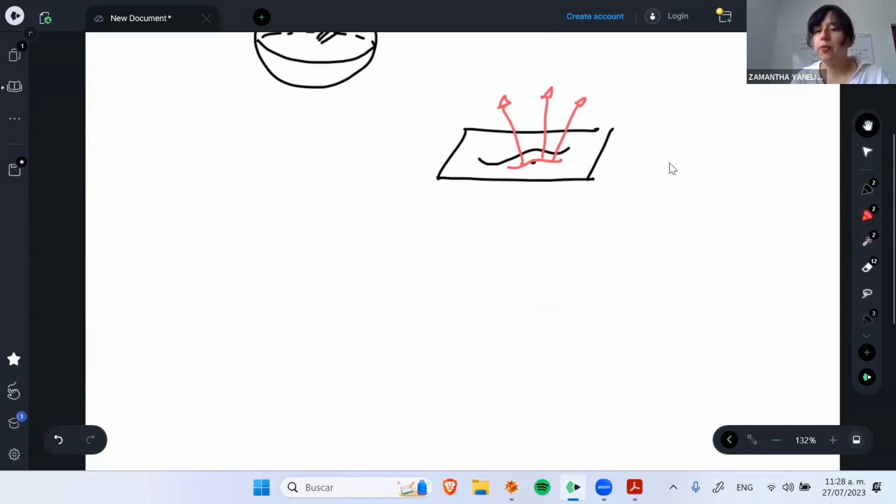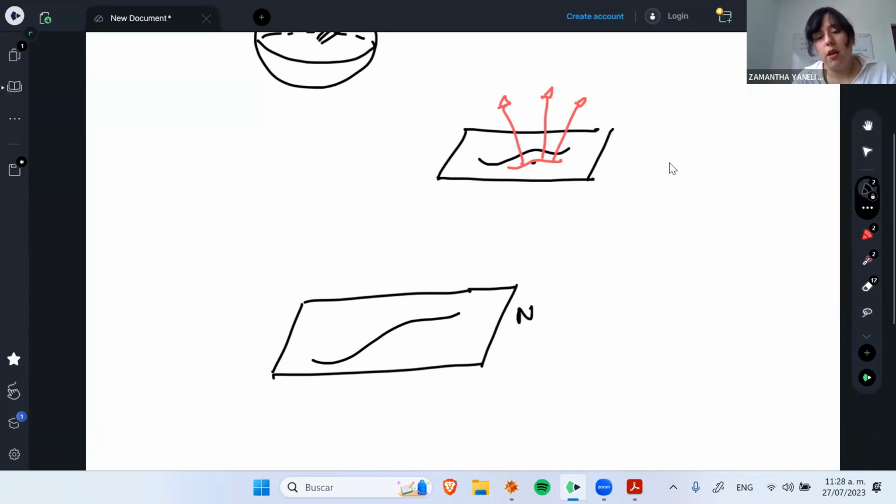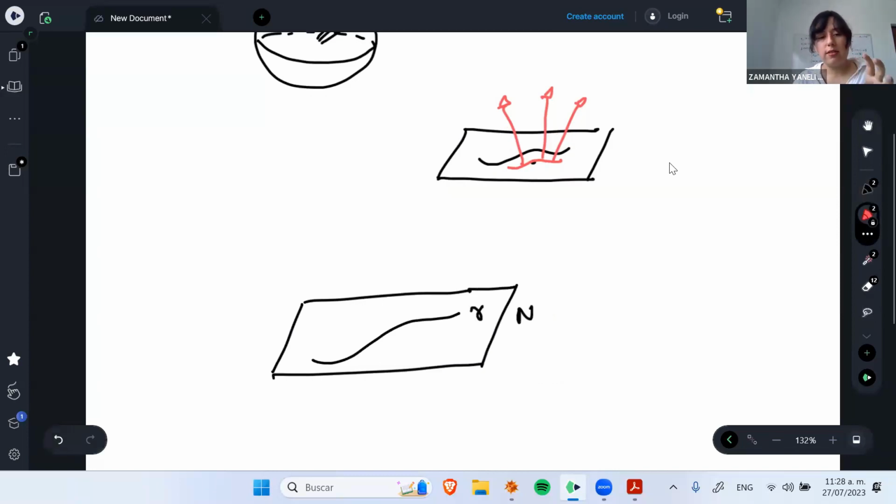So what we have in a general sense is we start with a curve in the bottom. So we have n. We have gamma. And we're going to take all the equidistant curves and lift them to the same height.